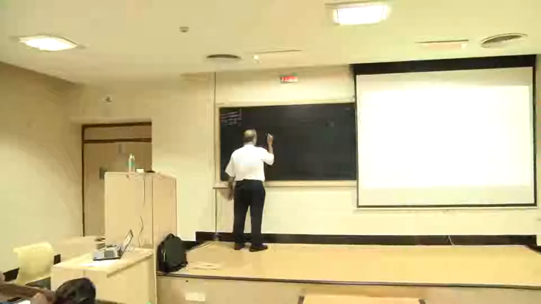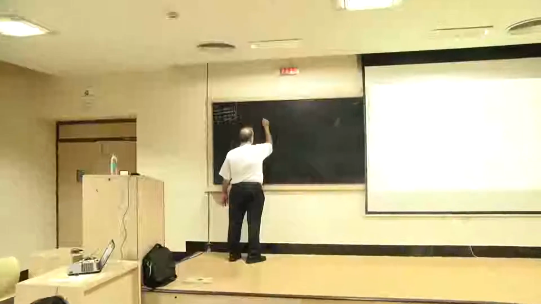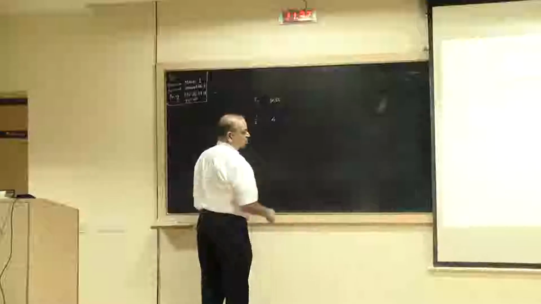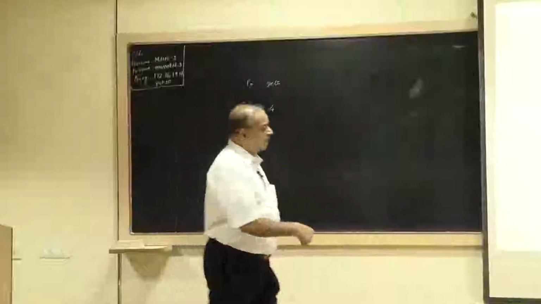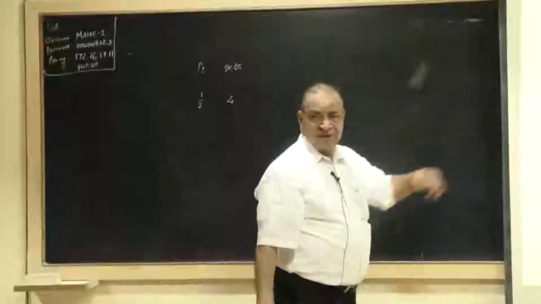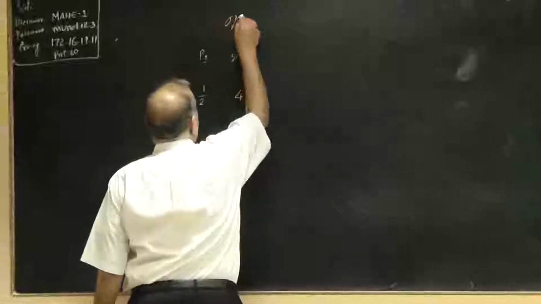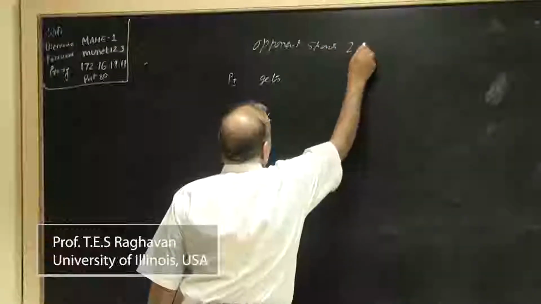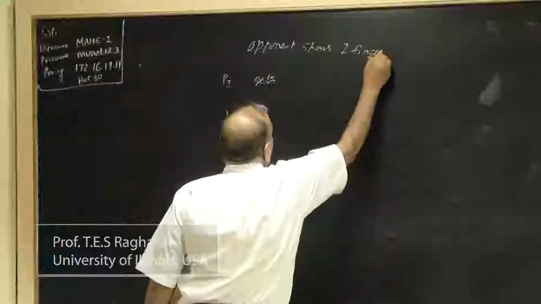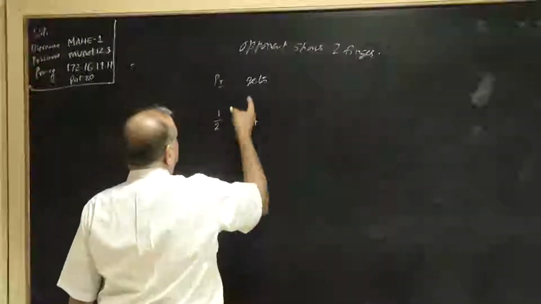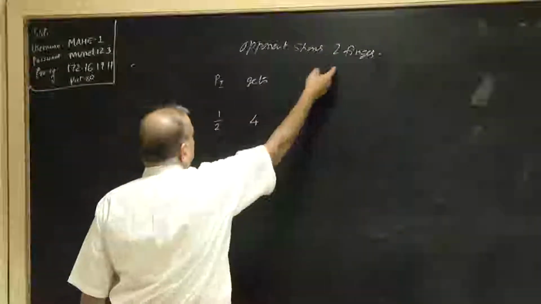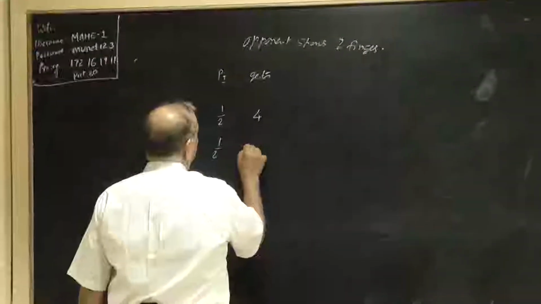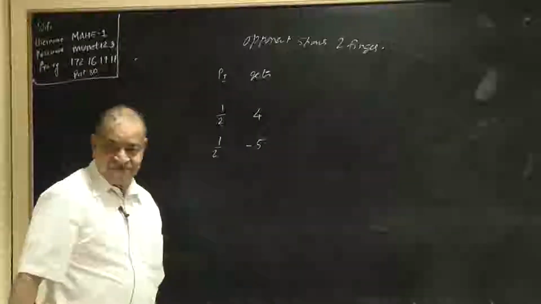Half the time player 1 gets 4, because 2 plus 2 is 4, and the other half the time he gets minus 5.